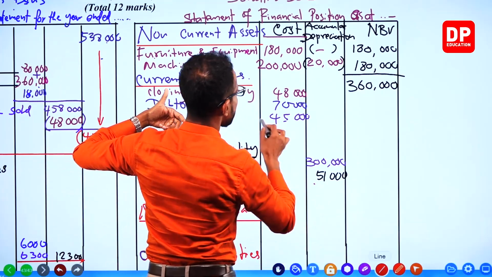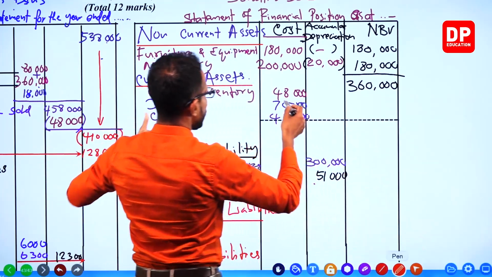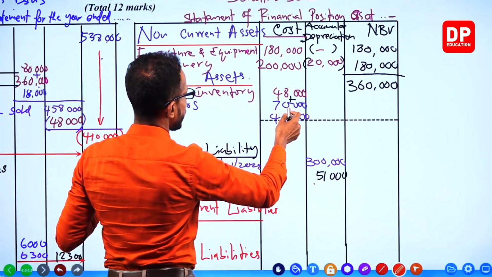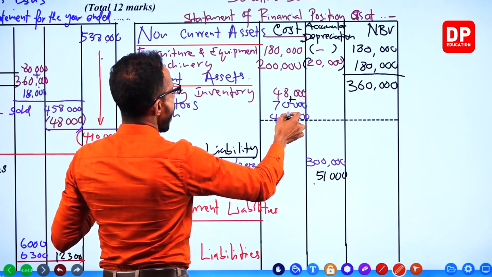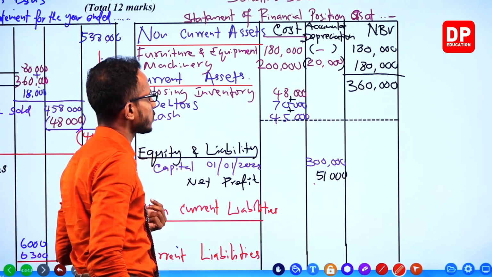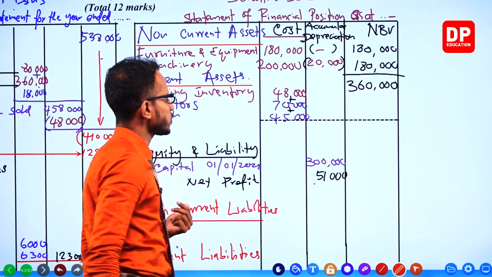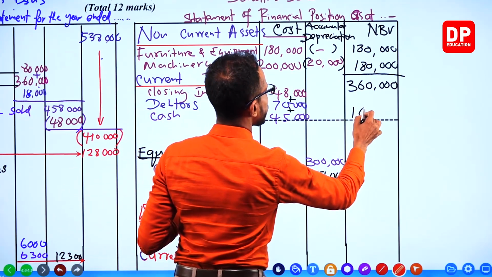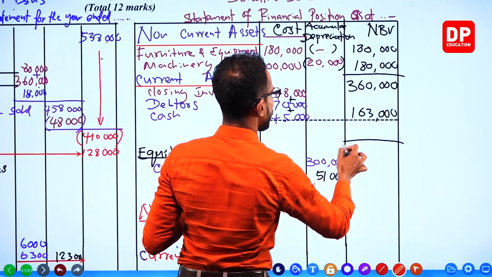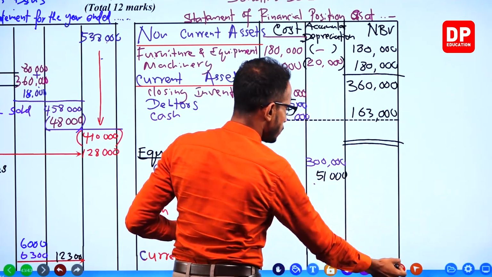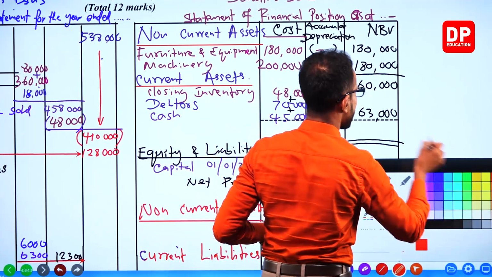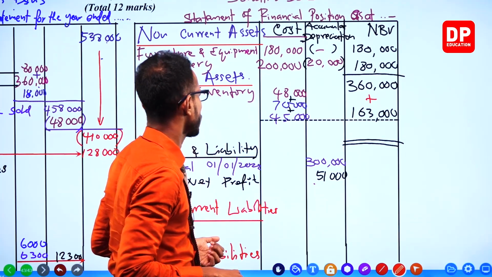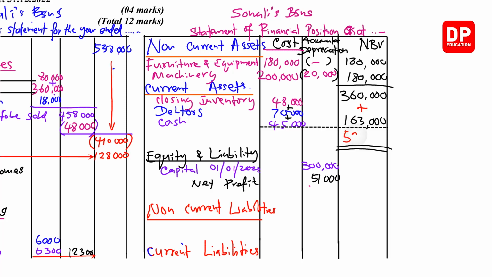How much is it? 70 plus 48, 118 plus 45, 163,000. Take the total assets, 360 plus 163, it's 523,000.